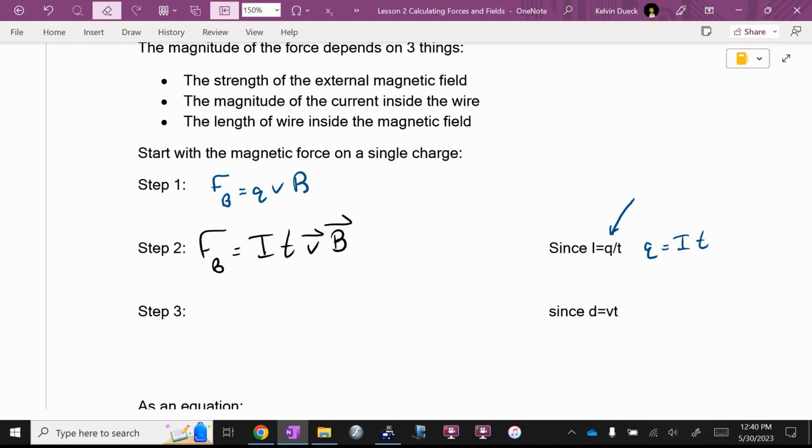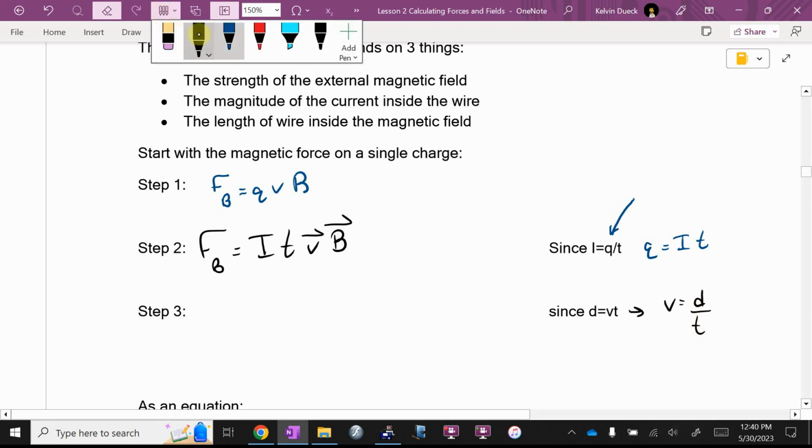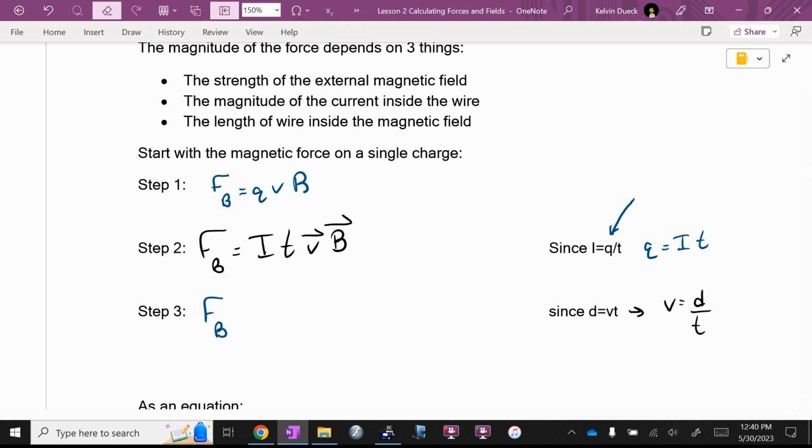Ooh, but not only that, as long as we're not speeding up or slowing down, if this is only causing charges to change direction, then D equals VT, which means I can replace the V with a D over T. And I get this. FB equals I times T times D over T times B.